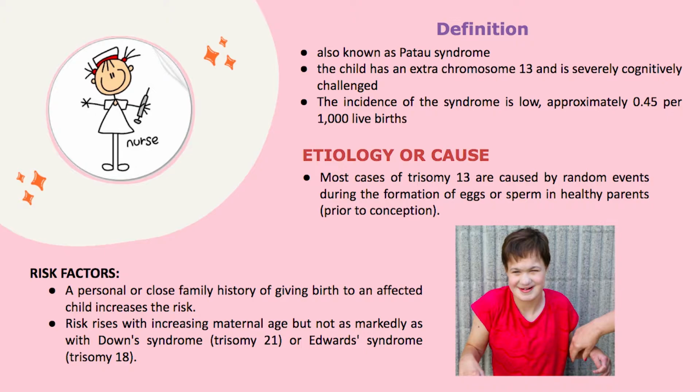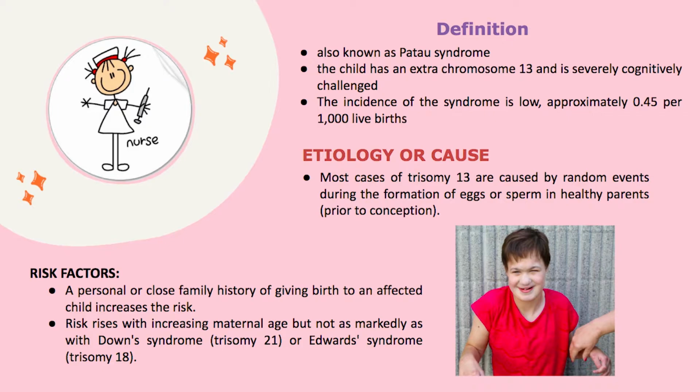For the etiology or cause, most cases of trisomy 13 are caused by random events during the formation of eggs or sperm in healthy parents prior to conception. Trisomy 13 is typically due to having 3 full copies of the chromosome in each cell in the body instead of the usual 2 copies.